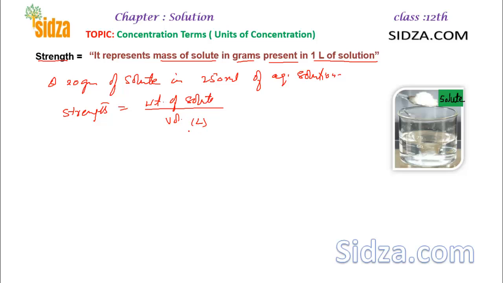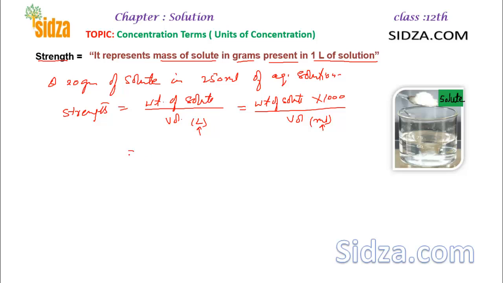Volume of solution in liters. Or I can slightly modify it: weight of solute times 1000, over the volume of solution in mLs. When I change liters into mLs, I need to multiply it by 1000, right?